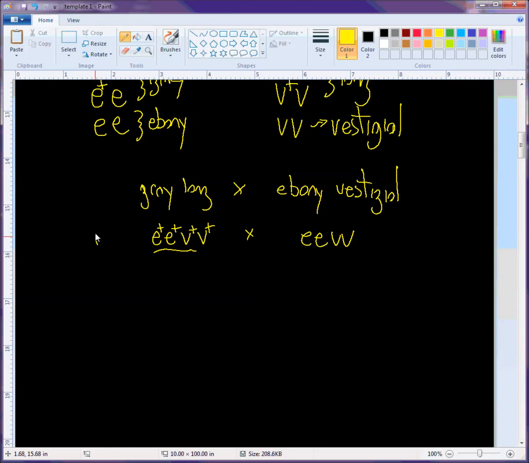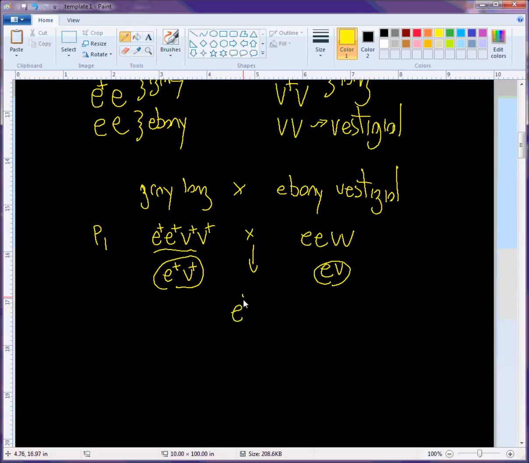Now, this is the P1, and we're going to cross these. Only one type of gamete can be made here because they're homozygous, so all the gametes have an E plus and a V plus. Only one type of gamete can be made over here. All of them have a little e, little v, no pluses.